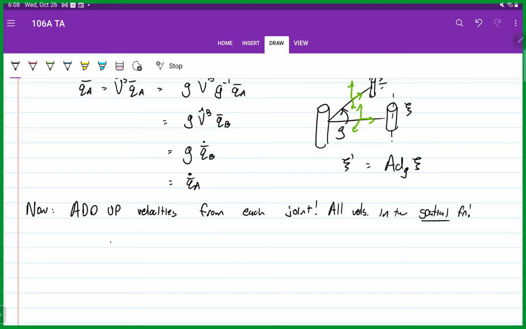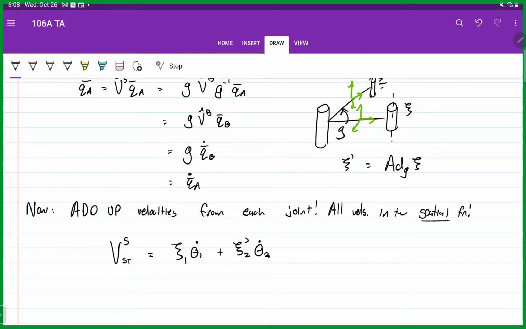So Vs st will be equal to our first twist, xi1 prime, which we know is just the same as a normal xi1. It's about that first axis, multiplied by the rate at which we spin around that first axis. So this was our first rigid body velocity. Then we add on xi2 prime times the rate we were spinning around our second axis, theta 2 dot.